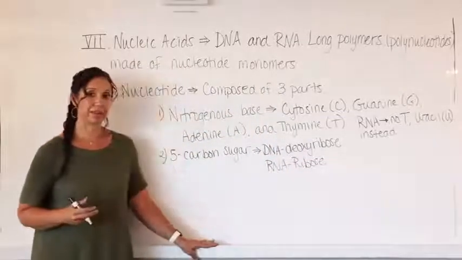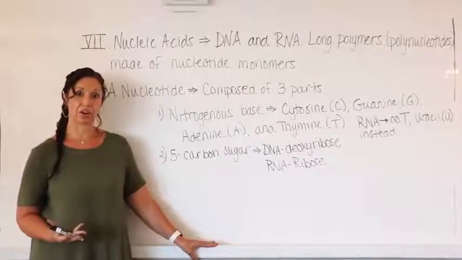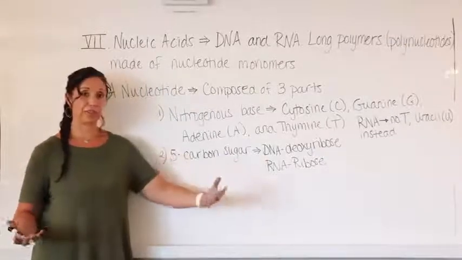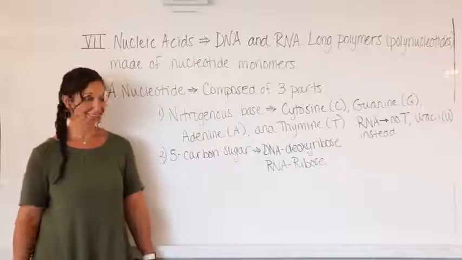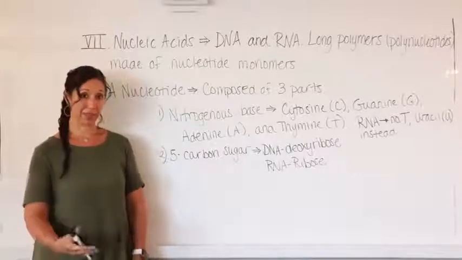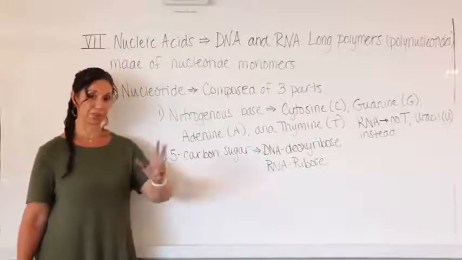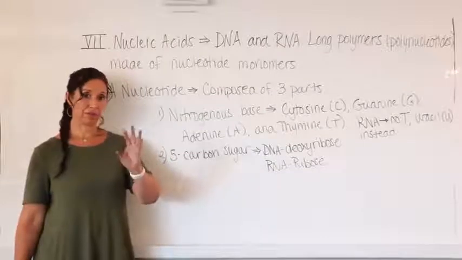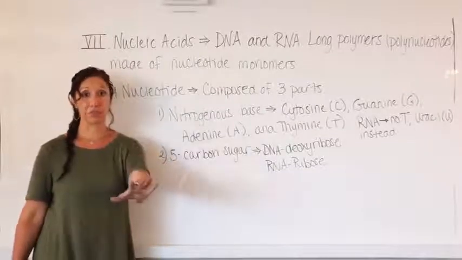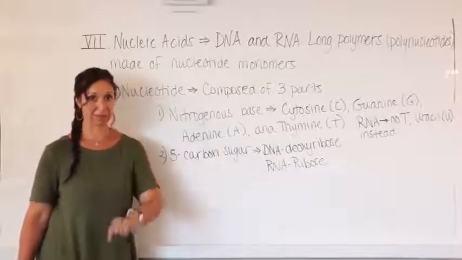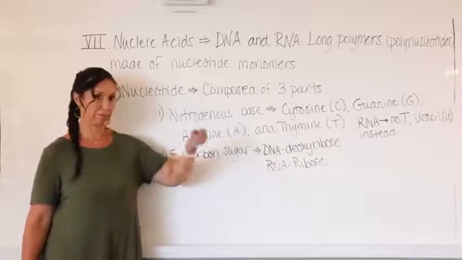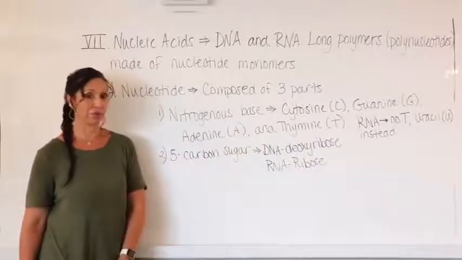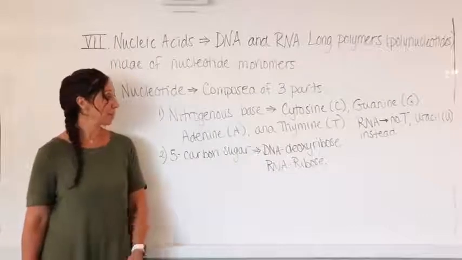And that's where we get the name for DNA and RNA. DNA stands for deoxyribonucleic acid. RNA stands for ribonucleic acid. So the sugar is what determines if you have RNA or DNA, along with a few other properties, but that's like the main backbone that can tell you if you have DNA or RNA on hand.